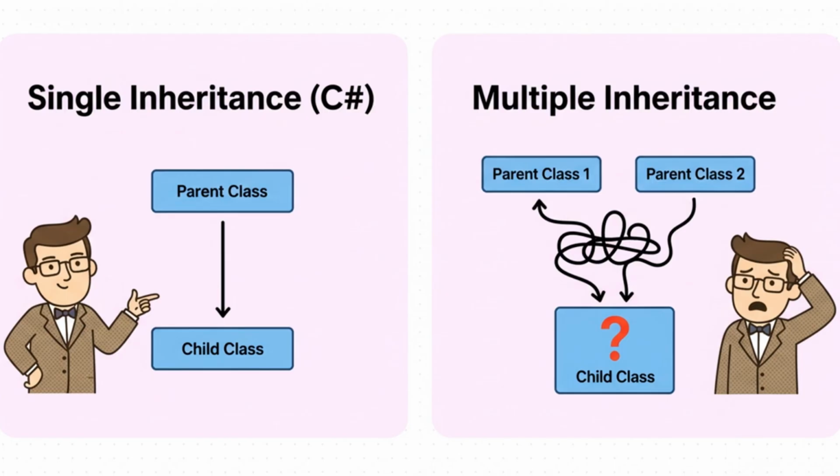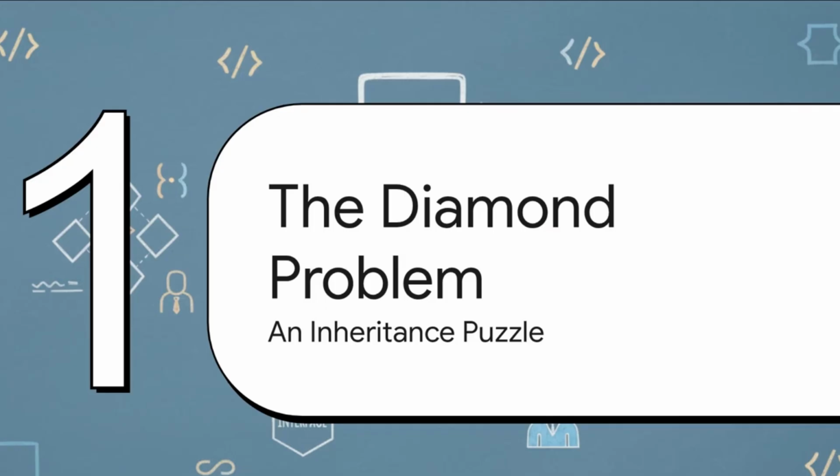But C# intentionally avoids this to prevent one very specific and, frankly, very confusing problem. And that problem is the star of our show today, the infamous diamond problem. It's a classic inheritance puzzle that perfectly shows why having multiple parent classes can get messy, and get messy fast.